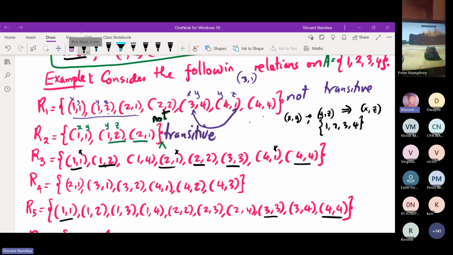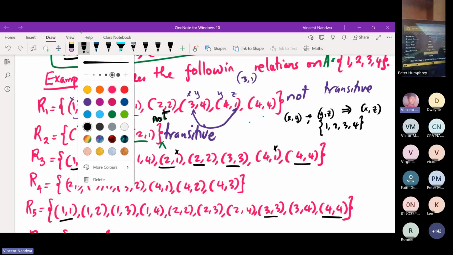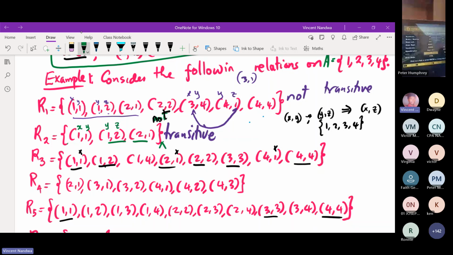Then, for us to relate these brackets which have 1 as their second element, I expect my other pair to start with the same element 1 for us to have this relationship. So the other pairs that start with 1, I have this, and I have this. Those are the two pairs that start with 1.